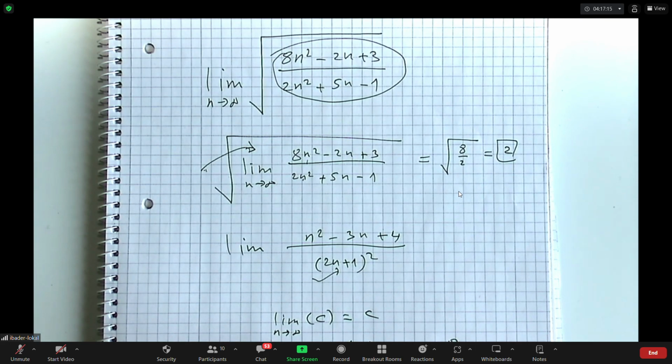Or actually it's not k here, you can take any other constant also.